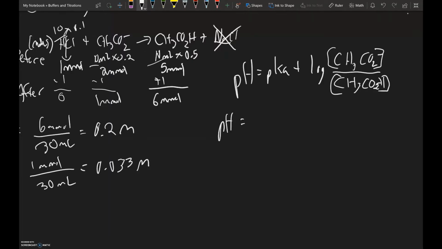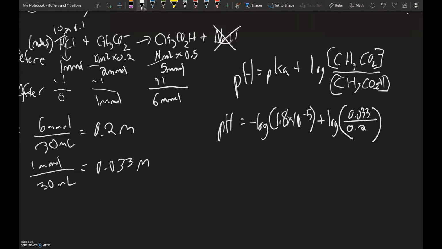Now, remember pKa is the negative log of 1.8 times 10 to the negative 5, plus the log of 0.033 divided by 0.2. So let's calculate this. I get a pH equal to 3.96, and this is after HCl was added.